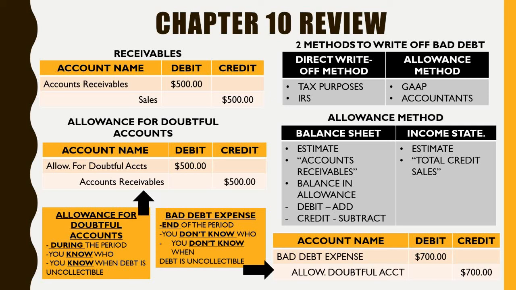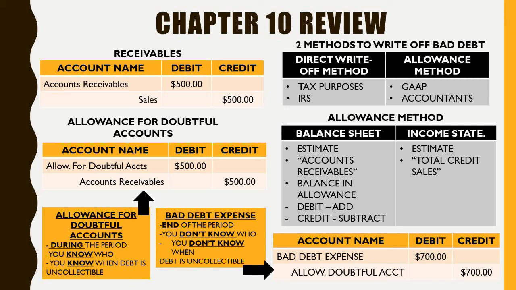Whereas the bad debt expense happens usually at the end of a given period, whether it's a year or every month, and you don't know who, you don't know how much, and you don't know when the debt is uncollectible. That's where you use the bad debt expense and the allowance for doubtful accounts.